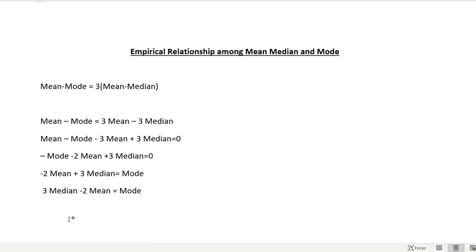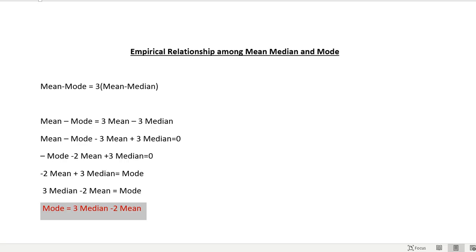This is the final thing. I can just move this to the right hand side. So this is the final version. This last one is known as the empirical relationship among mean, median, and mode.